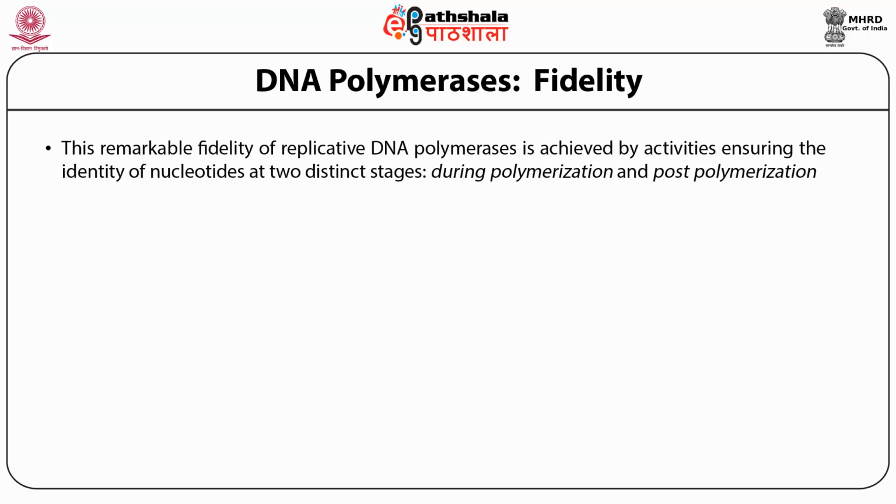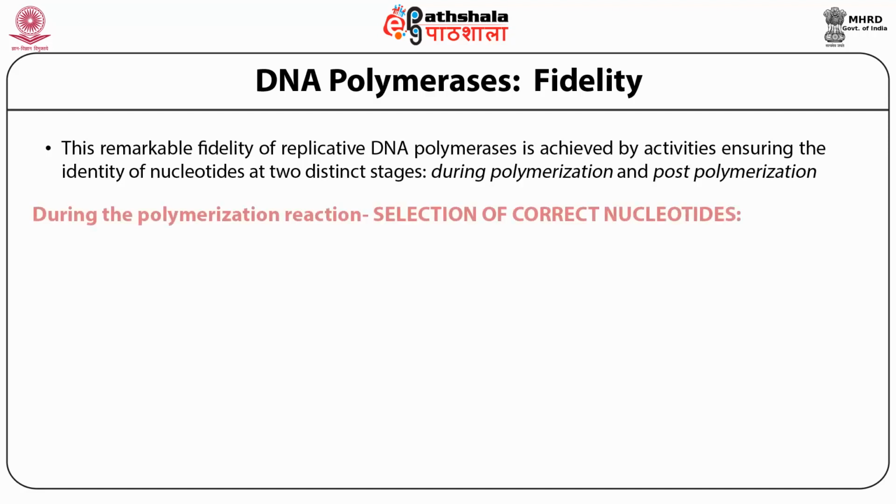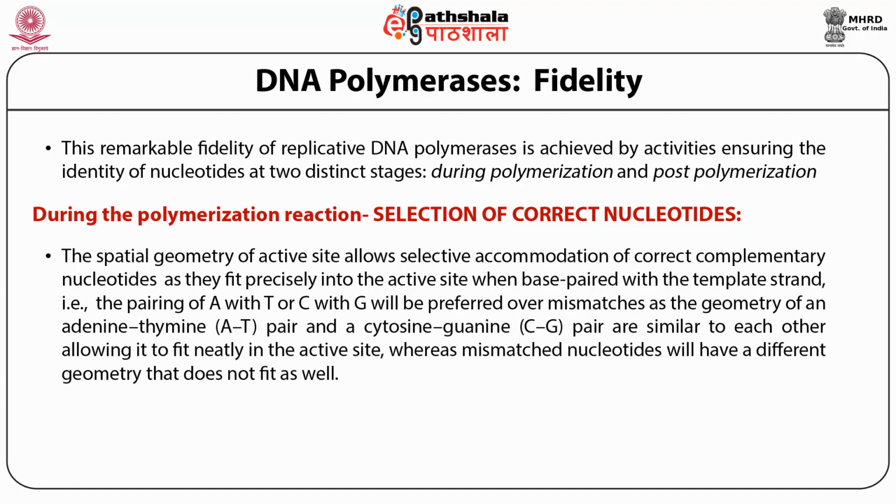two distinct stages, during polymerization and post-polymerization. During the polymerization reaction, selection of correct nucleotides occurs: the spatial geometry of the active site allows selective accommodation of correct complementary nucleotides, as they fit precisely into the active site when base paired with the template strand.